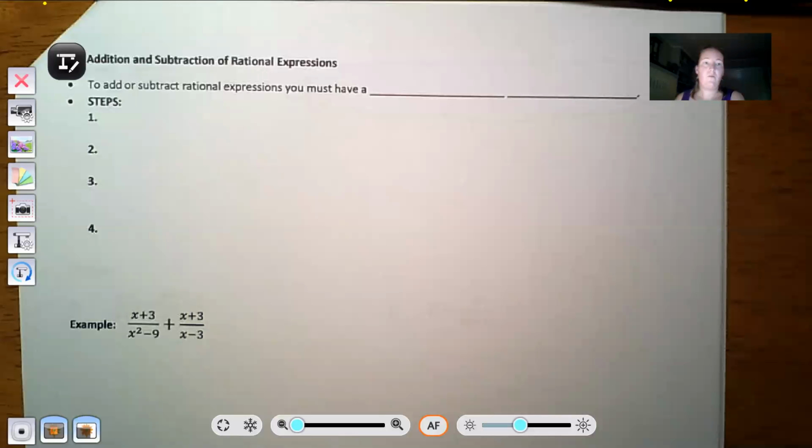All right, so for 6.3, addition and subtraction of rational expressions, when you add or subtract fractions, we need a common denominator.